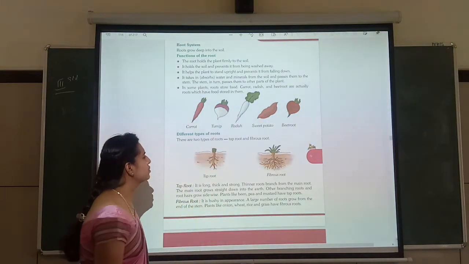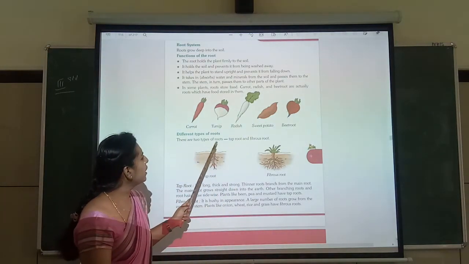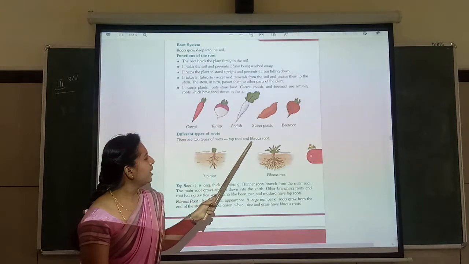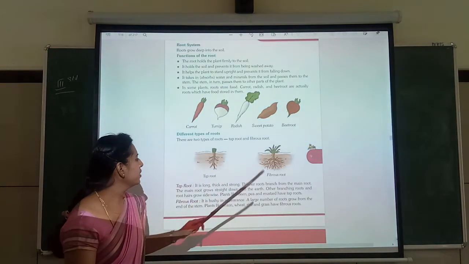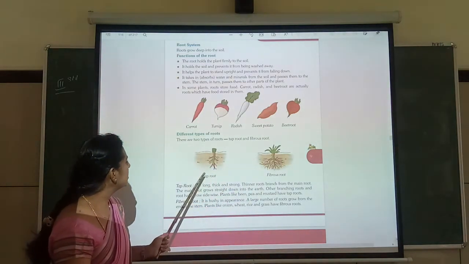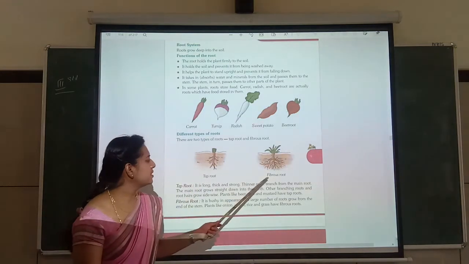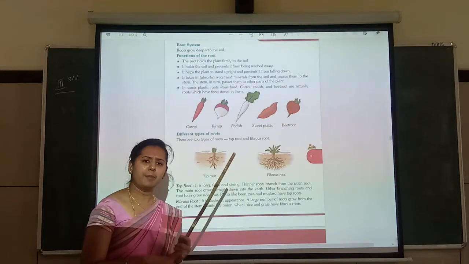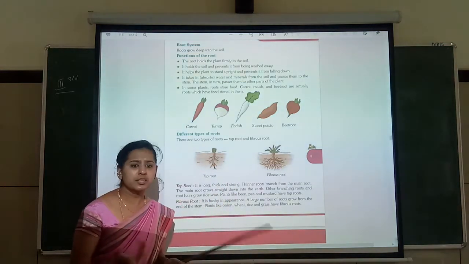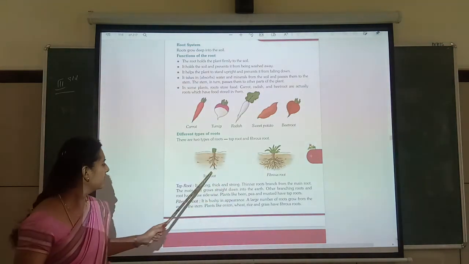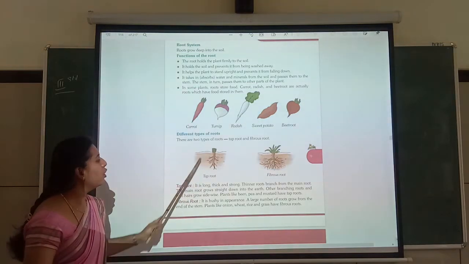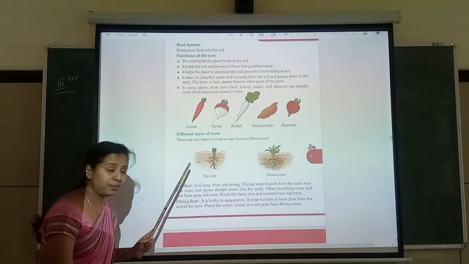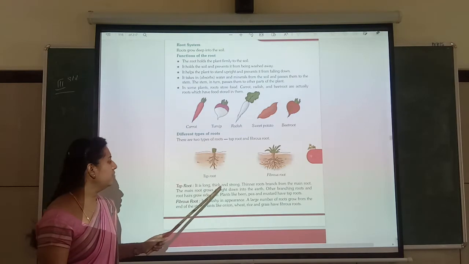Different types of roots. There are two types of roots, tap root and fibrous roots. See here, children, this is the tap root and this is the fibrous root. What are the differences you can see here? Tap root is long, it goes deeply into the soil, and it becomes very strong.